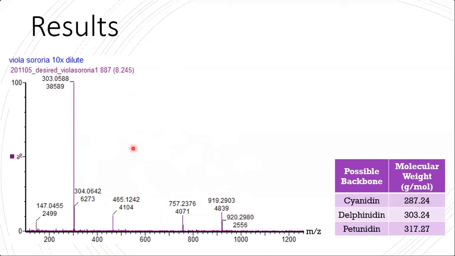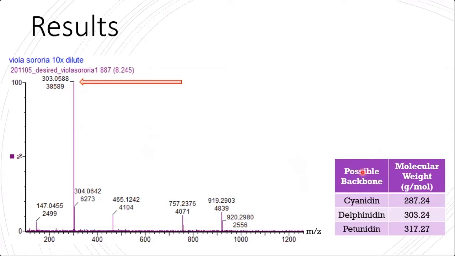First off, we begin with the main peak, which is this one. The first peak is going to tell us what our backbone is. What we do is look at our mass, and I made a little possible backbone table down here. We can see our mass is 303.